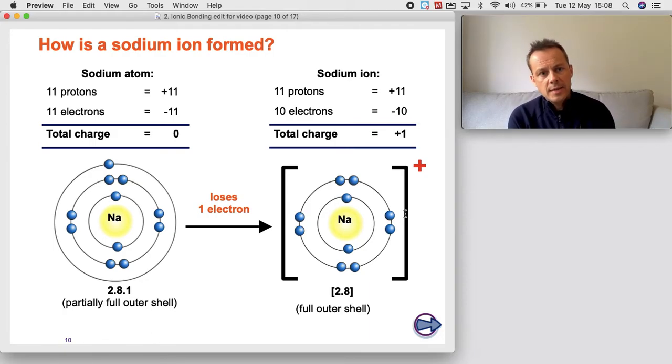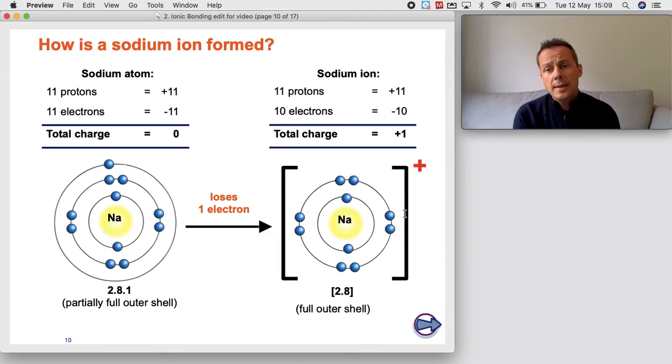As we said last lesson, the number of protons equals the number of electrons, so there'll be no overall charge on a sodium atom. But it is unstable. It needs to do something to become stable. It needs a full outer shell. So sodium will lose its outermost electron. If we look at the sodium ion here, it hasn't lost any protons.